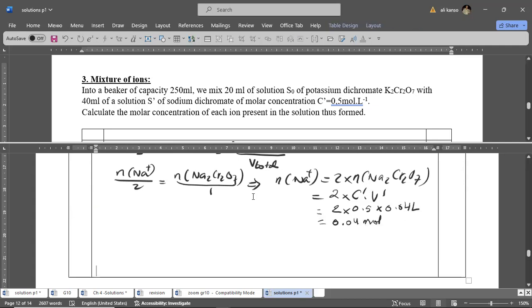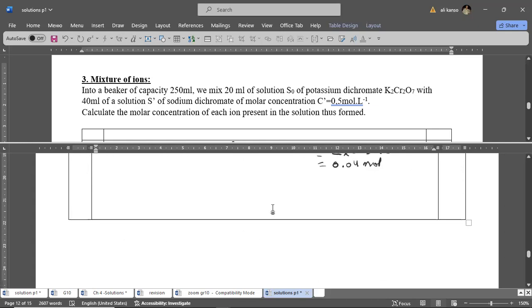This answer is divided by the total volume. So Na plus in the mixture equals the number of moles, which is 0.04, divided by the total volume, which is 0.06. And 4 over 6, we get what?